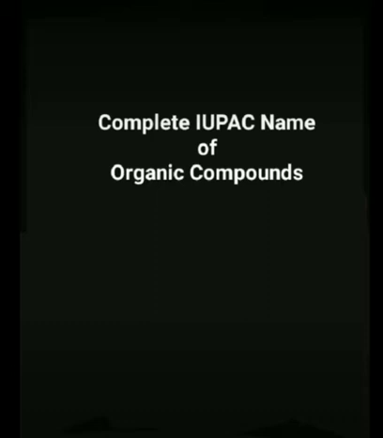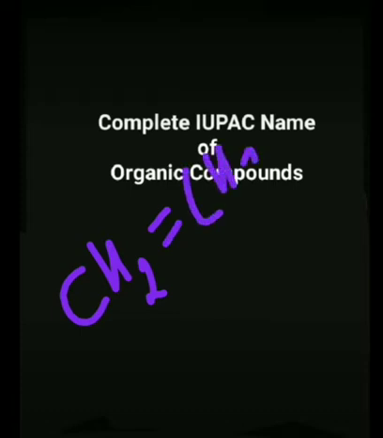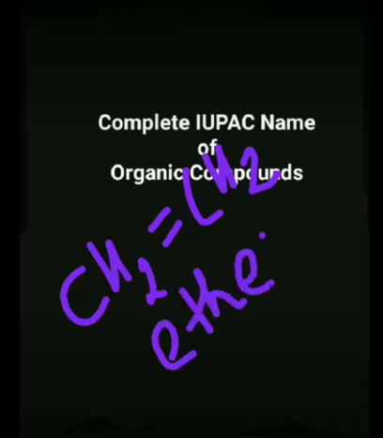And suppose, students, there is a compound CH2=CH2. For writing its IUPAC name, as there are two carbon atoms, "eth" will be written, and as there is a double bond, "ene" will be given after this, and this is basically the primary suffix. So in this manner I have taught you in previous lectures.